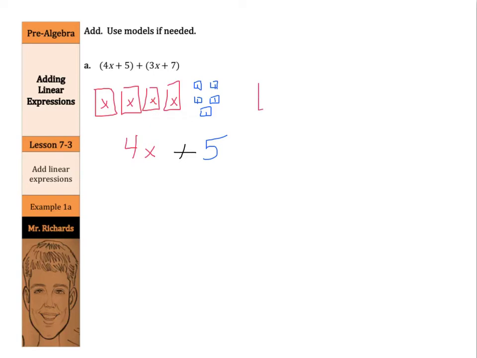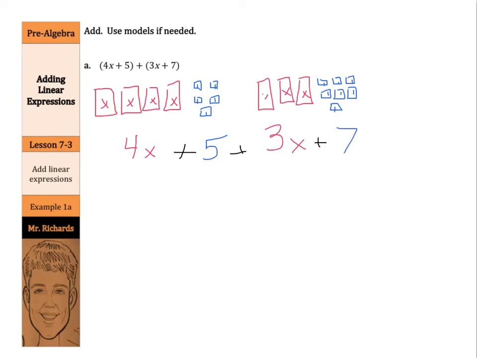So I would have 1, 2, 3 x's, and then 7 of my little 1s. 1, 2, 3, 4, 5, 6, and we'll put the 7th there. Again, each of those just represents 1. So here I have my plus 3x plus 7.